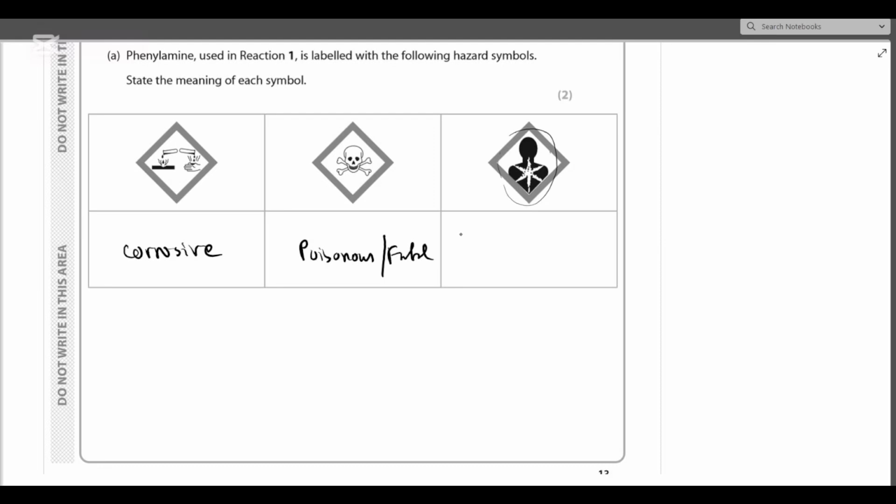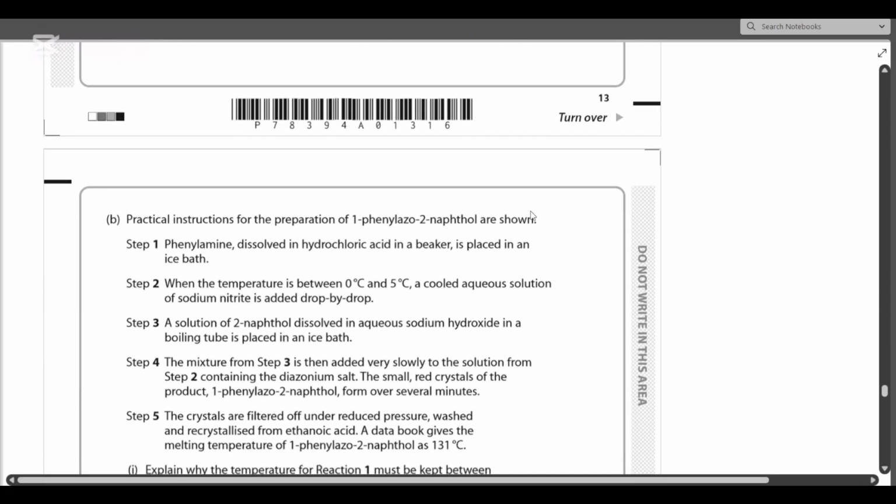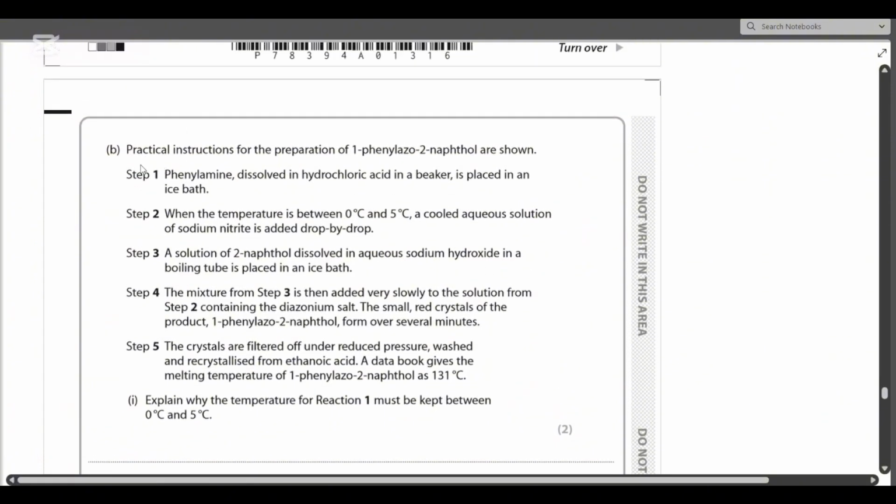So we can say that it is a serious long-term health hazard.